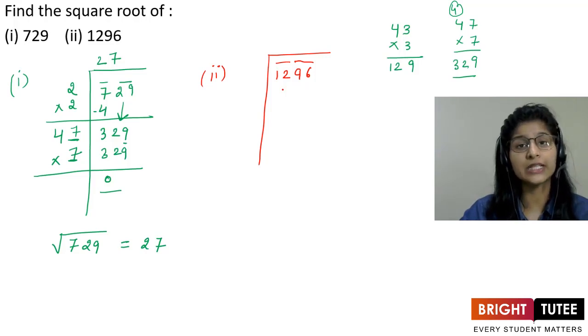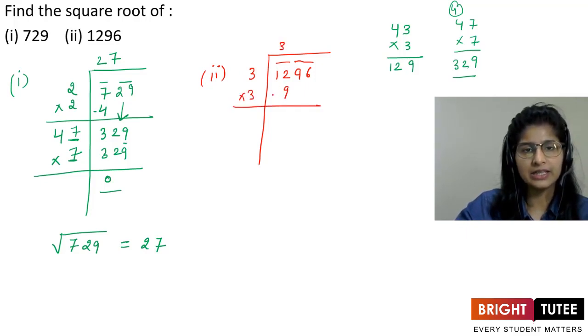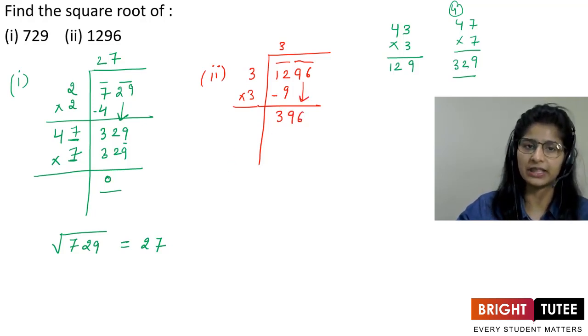Just see, 3 3s are 9, 4 4s are 16. 16 is more than 12, so we'll go with 3. 3 3s are 9. We will get 9 here. Subtract it, you will get 3. And what you are going to copy? 96 will be copied here. Clear? Now double this. 3 and 3 will become 6.